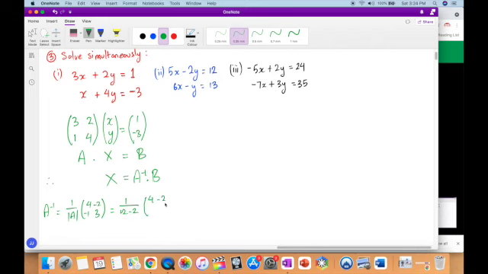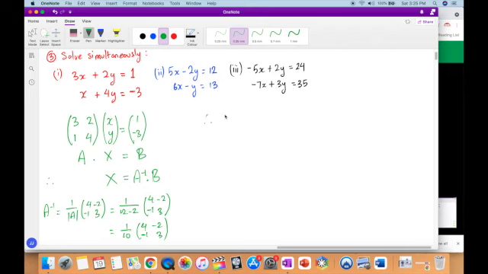So therefore that is 1 all over 10 into 4, negative 2, negative 1, 3. You notice I am not going to multiply my determinant yet.